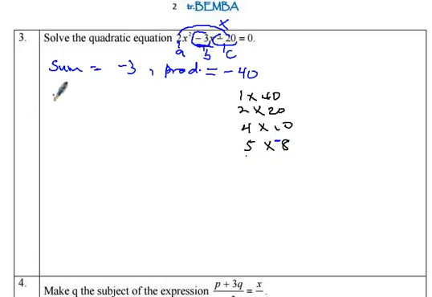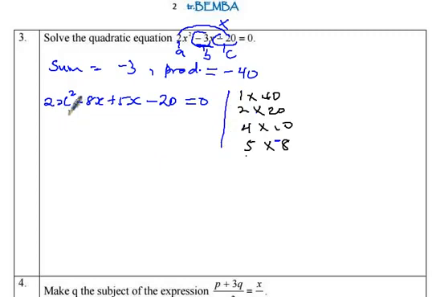All right, so we're going to write this as 2x squared. So instead of saying minus 3x, I will write there minus 8x plus 5x. Okay, note that when I add these two, I go back to minus 3x. Then I have this constant here, minus 20 is equal to 0.